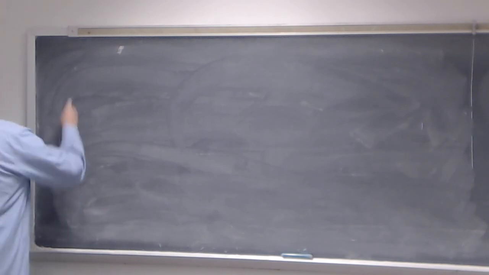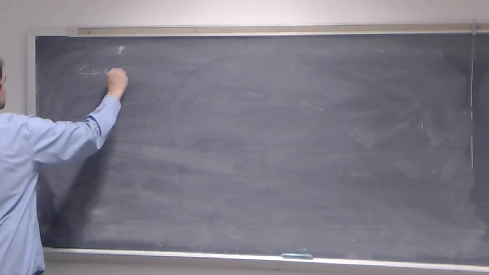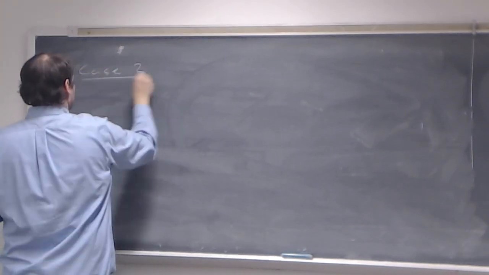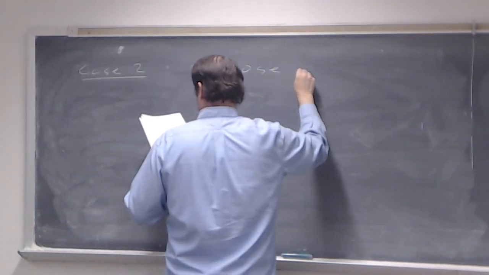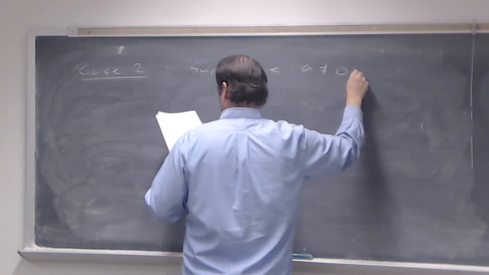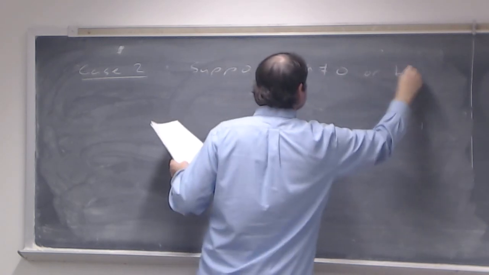We are almost done. Suppose a is different from 0 or b is different from 1.